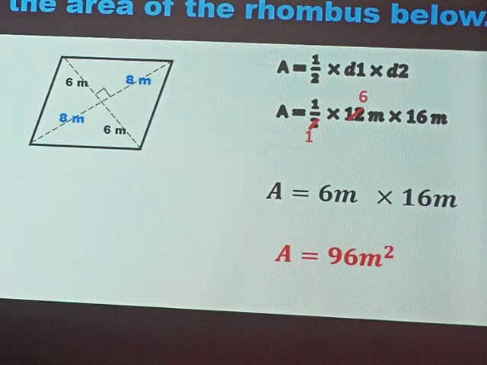Remember, you can decide to use the first formula we looked at, that is a half times base times height times 4, because each of these triangles has the base as 6 and the height as 8. That is if you want to use that, and the diagonals are no longer in use for that matter. But for our purpose of this lesson, we are taking this.